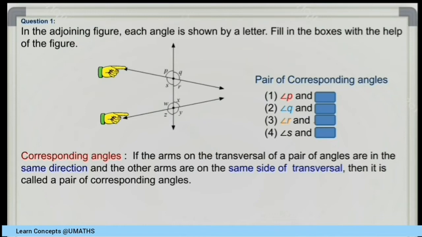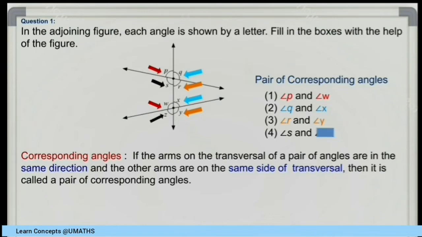To the left-hand side of this transversal, there are four angles: angle P, angle S, angle W and angle Z. Similarly, we have four angles on the other side of the transversal: angle Q, angle R, angle X and angle Y. So, corresponding angles always lie on the same side of a transversal. In this figure, angle P and angle W, angle Q and angle X, angle R and angle Y, angle S and angle Z are pairs of corresponding angles.